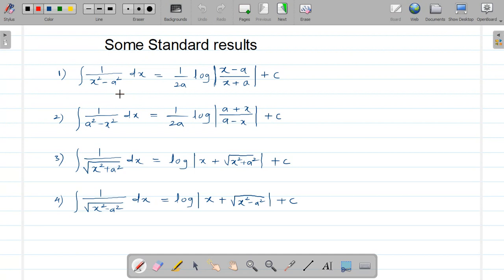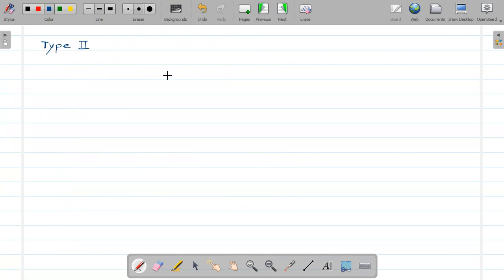Okay, now today we are going to discuss the type number 2 related to all these results. So let us see. Now type number 2, suppose for example, we have to evaluate the integration of 1 upon 4x square minus 9 dx.